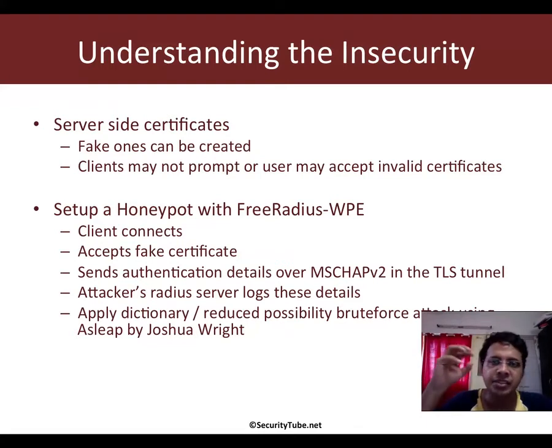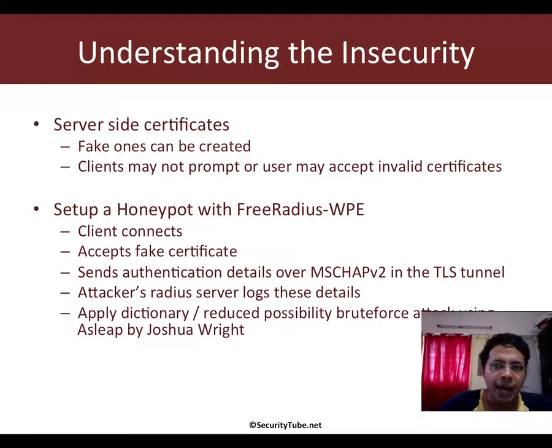Now here is a very simple sample scenario. The attacker sets up a honeypot which is going to advertise a WPA enterprise network which is going to use PEAP, and he can very easily do this by using FreeRADIUS-WPE, which is a modification to the FreeRADIUS code.